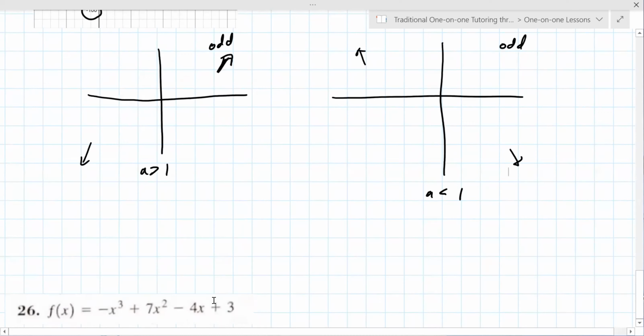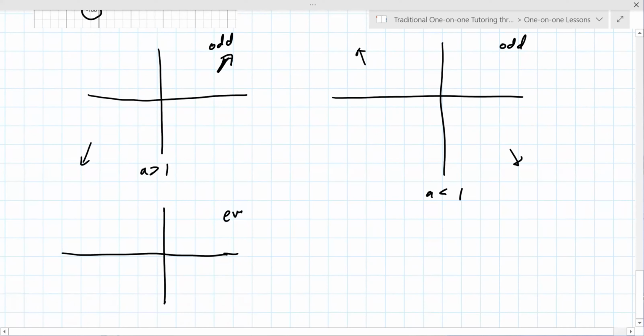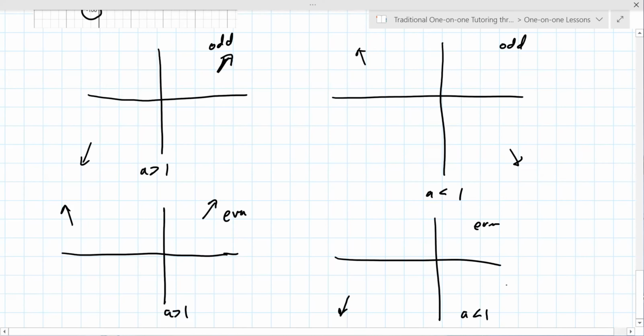And then there's 2 more you need to know. The other ones are if it's even and A, which is the leading term, is positive, it starts high and ends high. If it's even and A is negative, then it starts low and ends low. And that's all you need to know to be able to do these. And this gives you all the behavior.